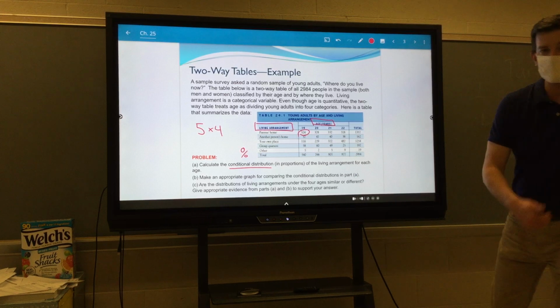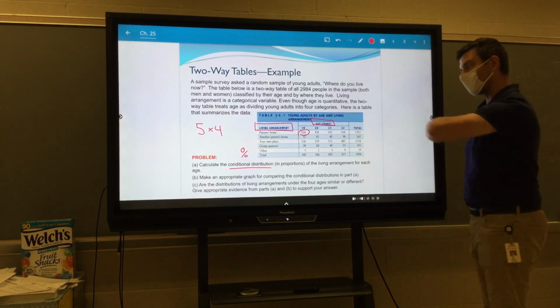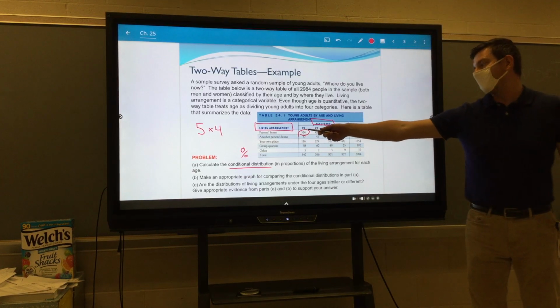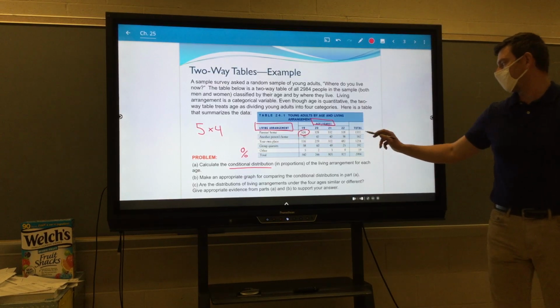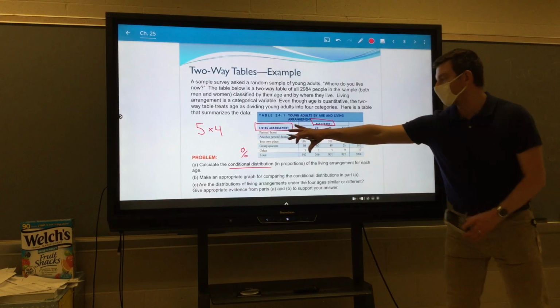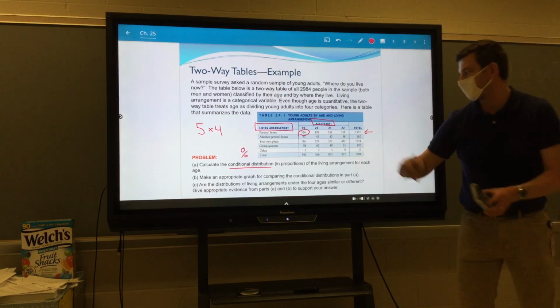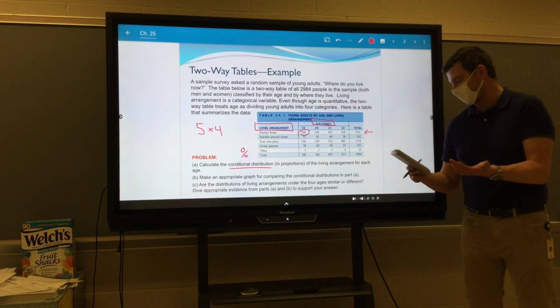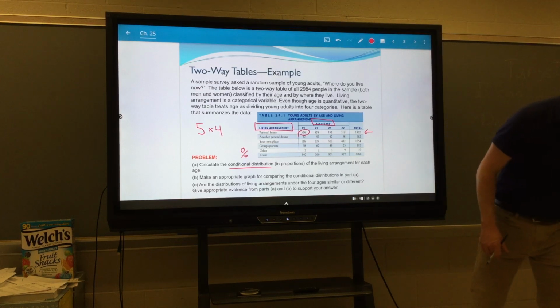If it was relevant for us, we could also work across horizontally. Those 324 19-year-olds who lived in their parents' home, what percentage of all of the people who live in their parents' home were 19-year-olds? 324 divided by the 1357, that's like 23.9%.